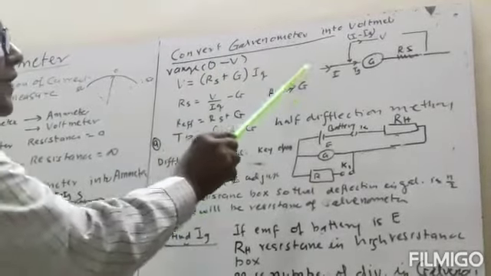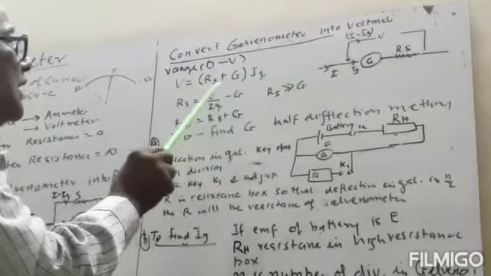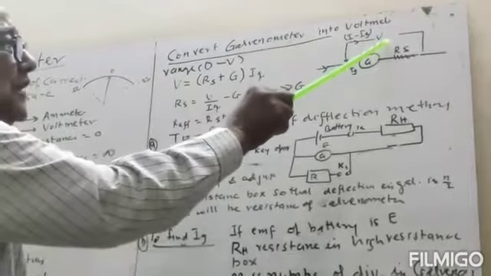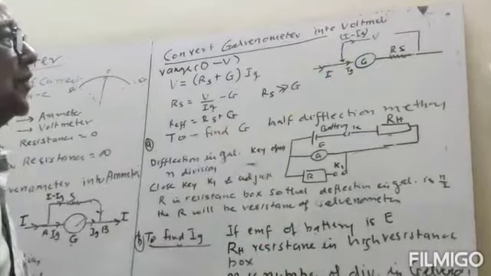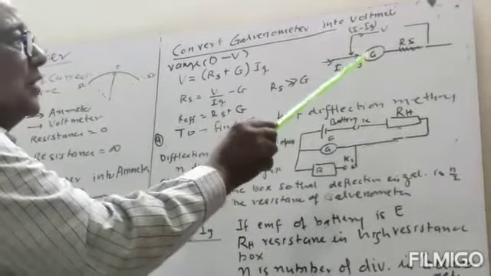Now if current is passing through it, then for the full scale deflection, when it will show the V voltage, the deflection should be maximum. And for maximum deflection, the current required for the galvanometer is Ig.